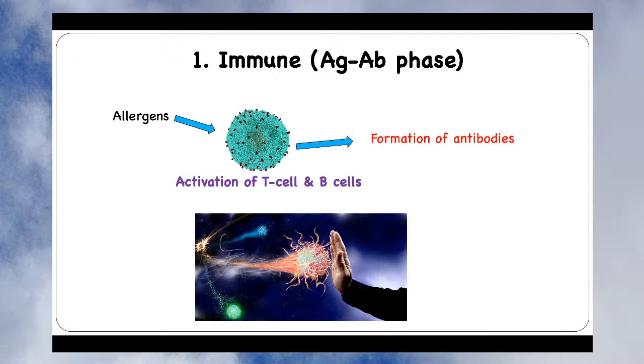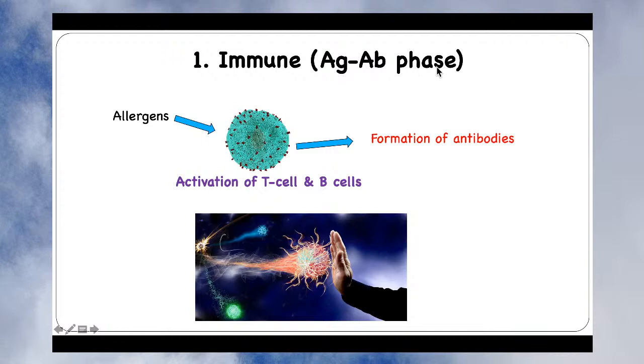So there will be release of antibody from the immune competent cells. The allergen is called the antigen, so in response to the antigen, your T cell and B cell produce antibody. Since antibodies are produced in response to antigen, the immune phase is also called the antigen antibody phase.